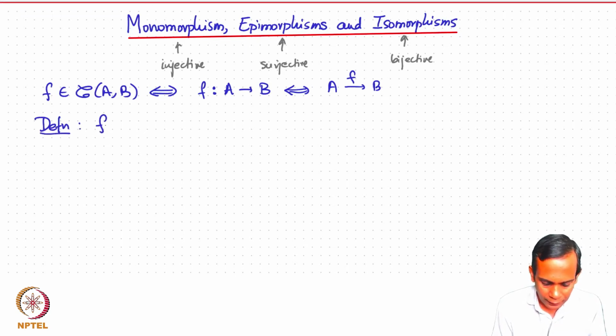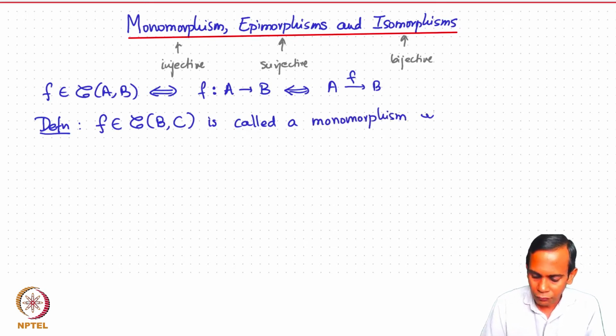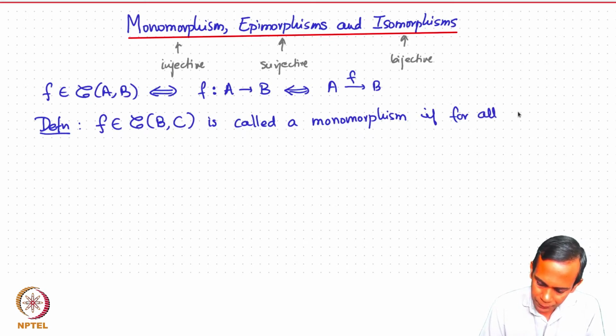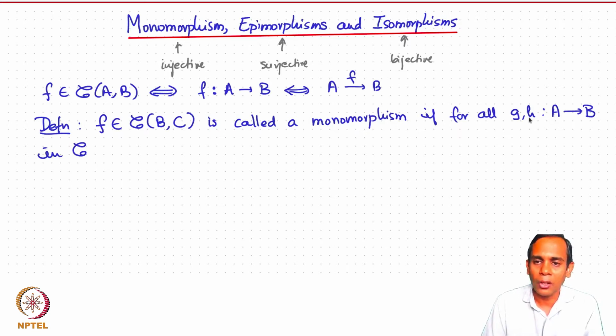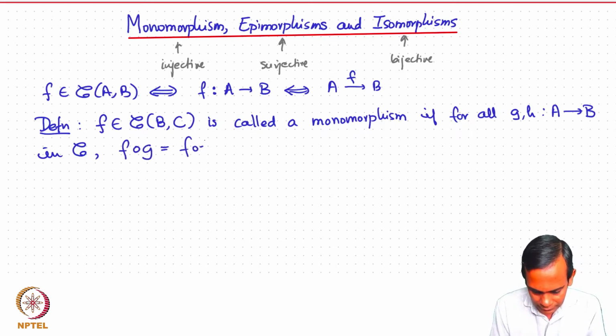An arrow f in a category from an object B to an object C is called a monomorphism if for all objects A in the category C, and arrows, let's say g, h from A to B in C. When I say for all, I mean for all objects A and all arrows g and h from A to B, we have that f circle g equals f circle h implies that g is equal to h.